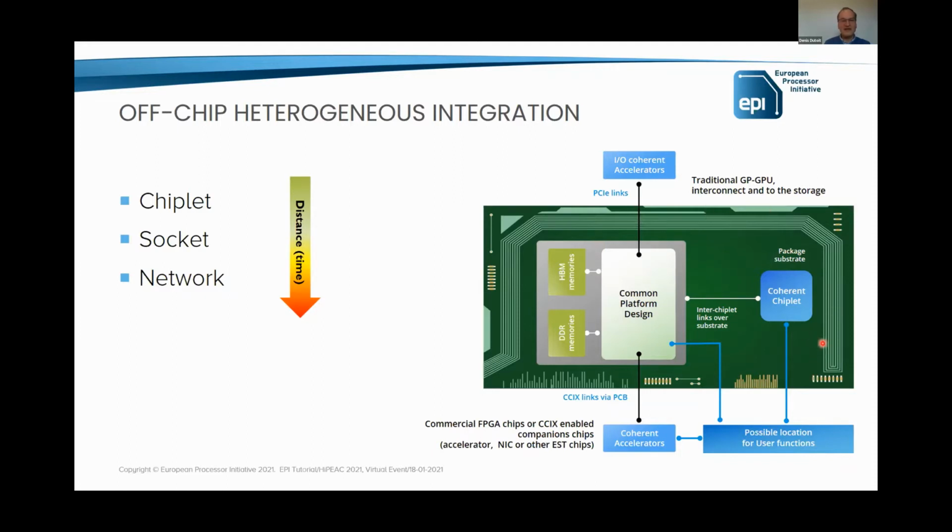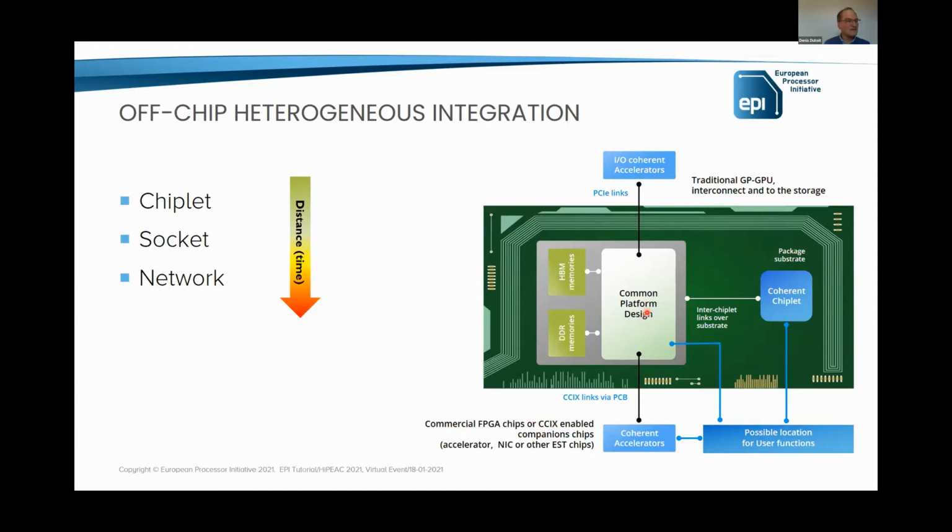Then we can define a socket-based heterogeneous integration through, for example, C6 links. With this connection, we are able to put together, with the common platform design or generic chip, commercial FPGA chips or C6 enabled component chips.